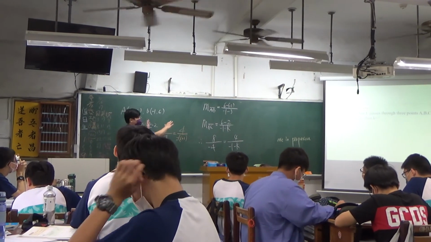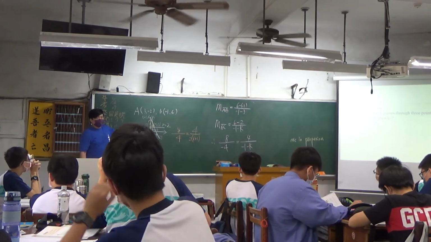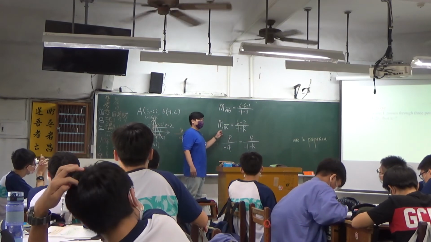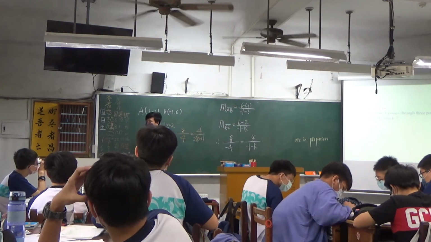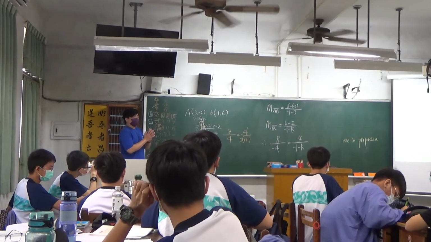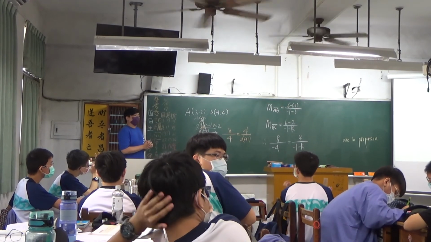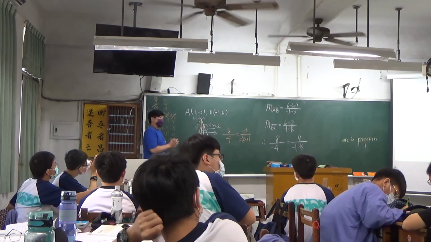Different ways you can think about it. This way we use the similar triangles, and this way we use the slope to solve the question. So today we introduce the slope of a line. The slope of a line means the inclination of a line.